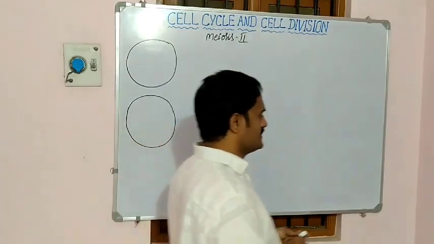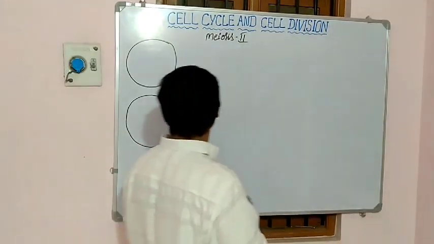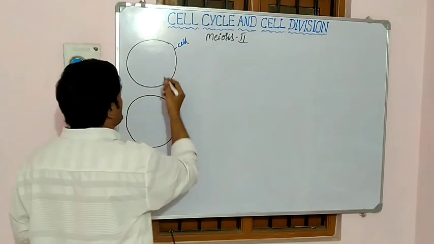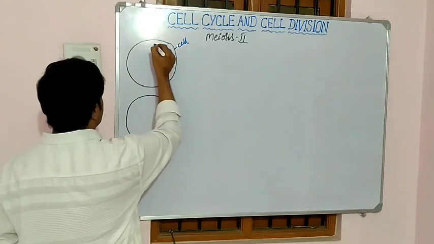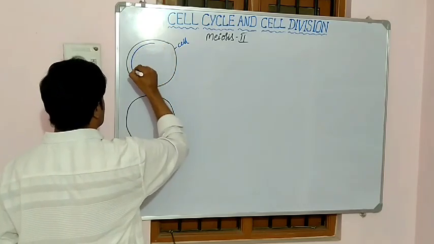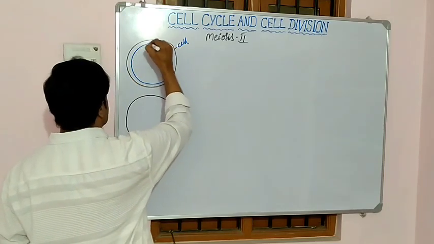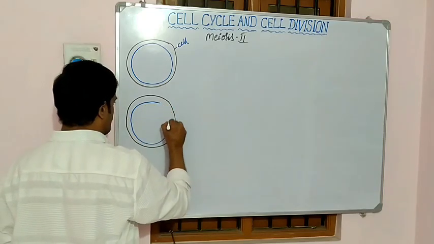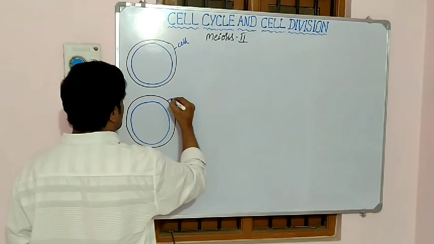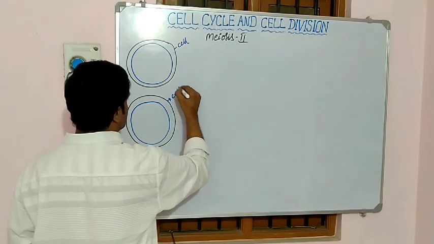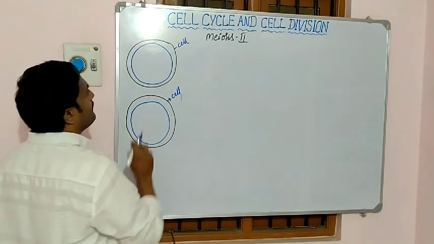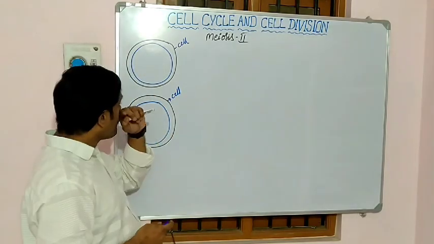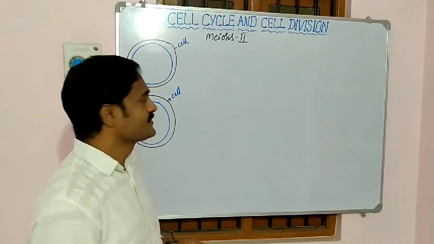Already you know very well, this is a cell, and inside of the cell, the important cell organelle, a double membrane structure, is called the nucleus. See, this is also a nucleus. So how many cells are involved in meiosis 2? Two cells which are formed from meiosis 1.